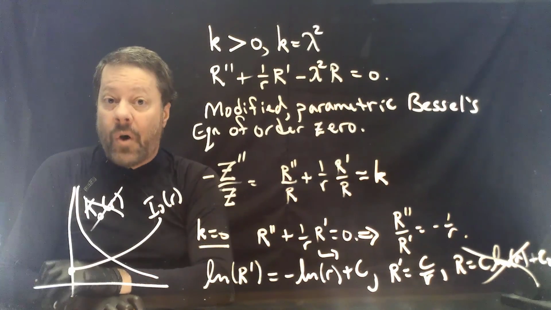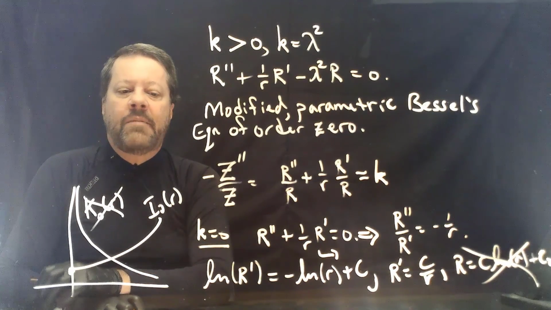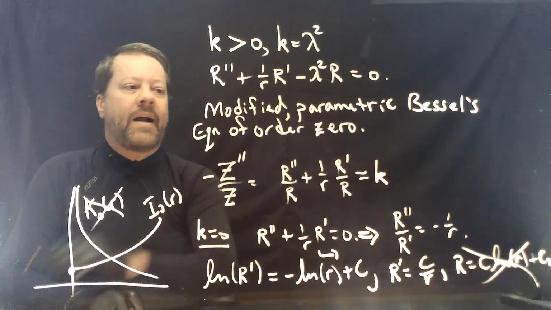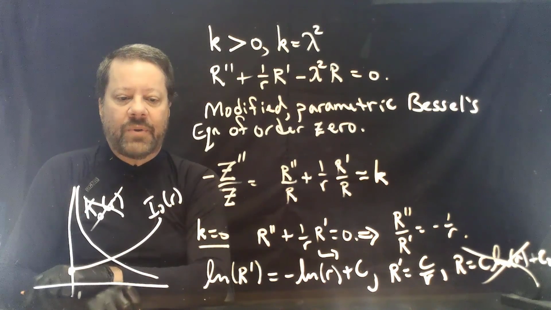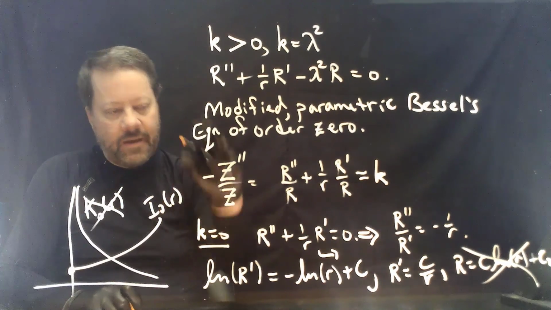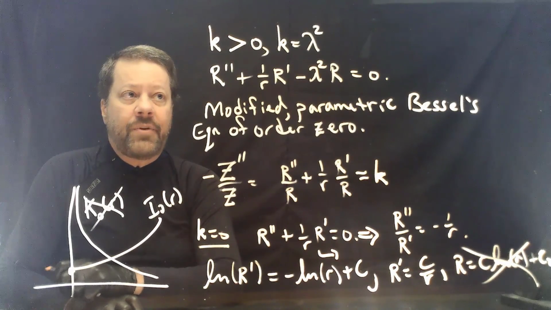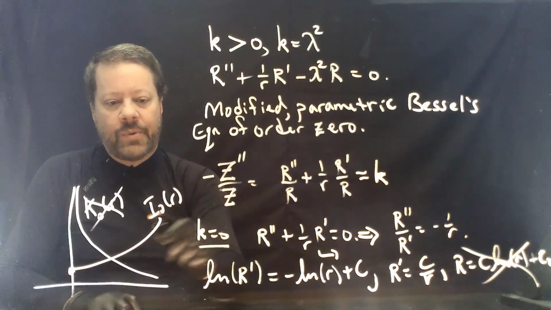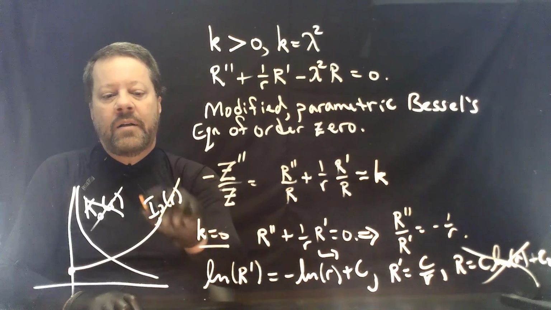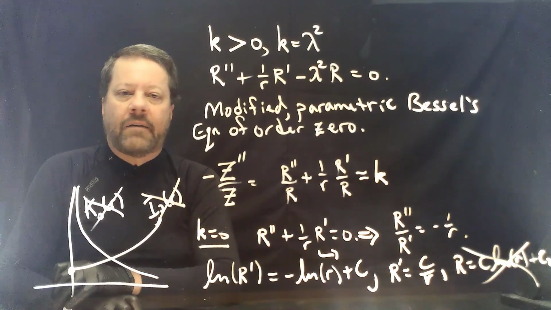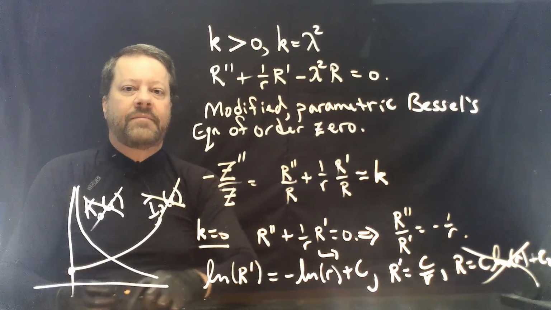I0 is also thrown out because we require that at r equals 0 on the lower surface to have a value of u equal to 0, which will never happen here. So both of these are thrown out on physical grounds.